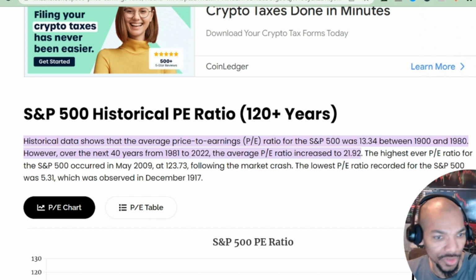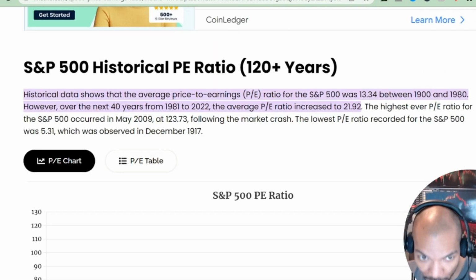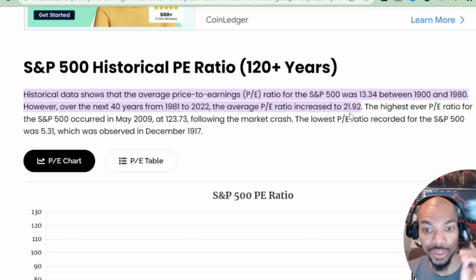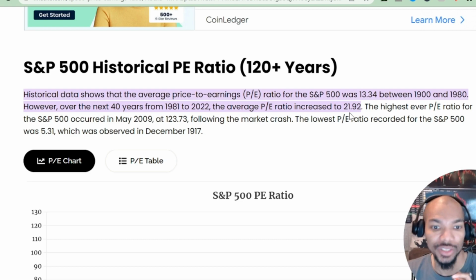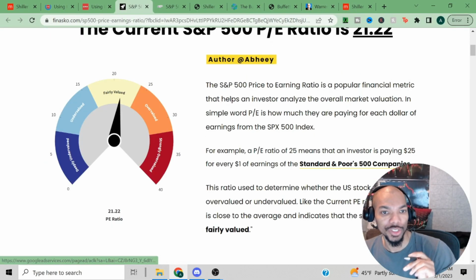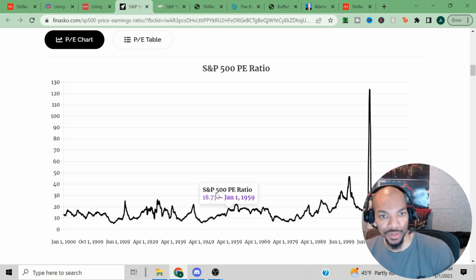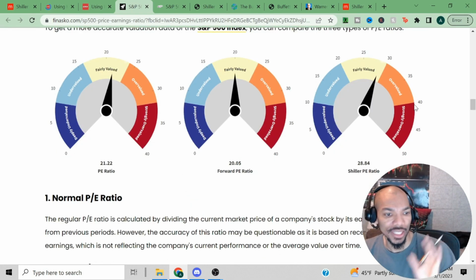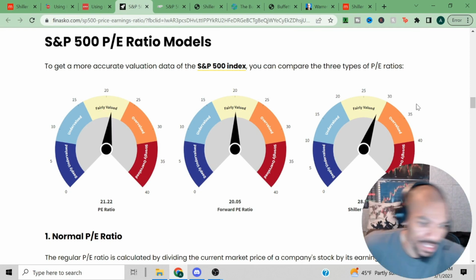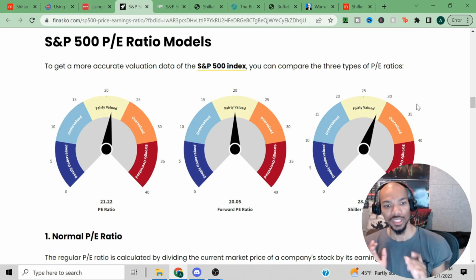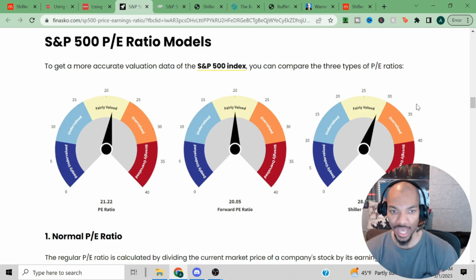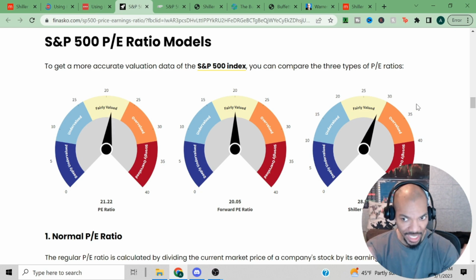But over the last 40 years, it was 21.92. They're also showing you the overall chart and how they assess it. I've looked at this and did some more personal research, and I think this one is pretty accurate. I like how they do the gauges level.